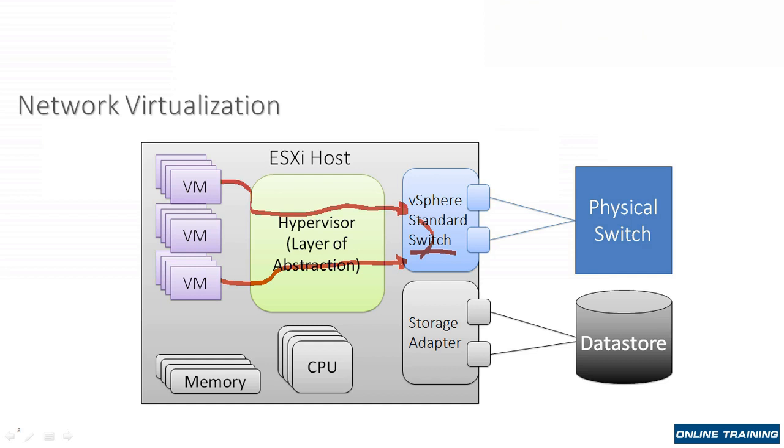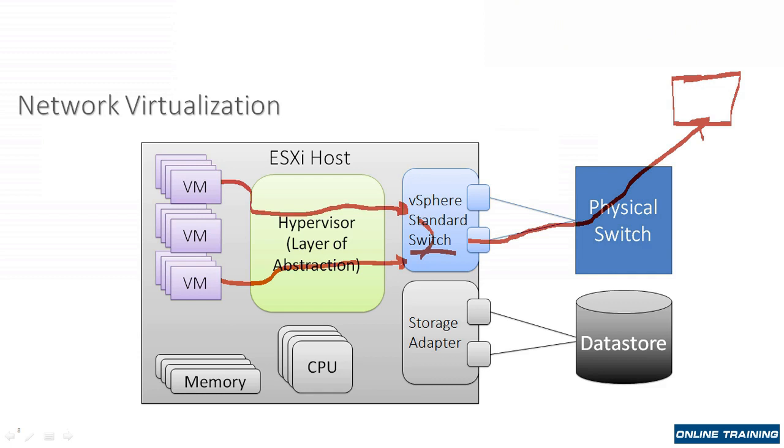But if there's something out there that they need to communicate with, like a physical server, they can do that through a vSphere standard switch, and they'll have a connection to a physical network and be able to talk to devices that are outside of that ESXi host. So that's the purpose of the vSphere standard switch and of network virtualization: to provide network connectivity to our virtual machines.